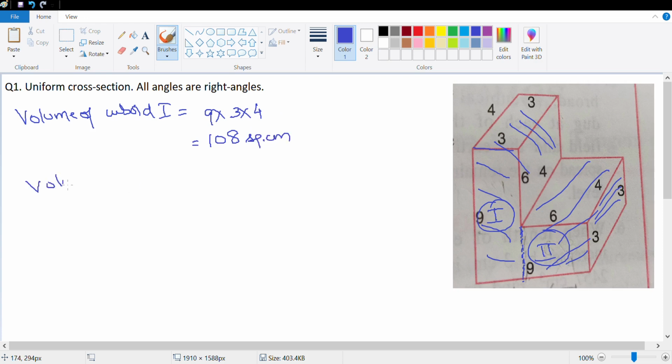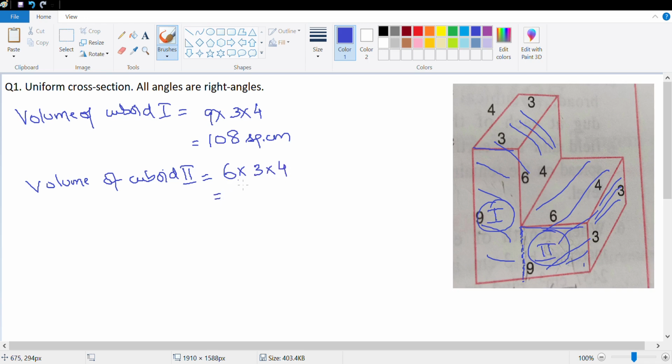Let's look at volume of cuboid 2. That would be again length into breadth into height. In this case, the length is 6, the height is 3, and how deep it is, 4 centimeter deep.